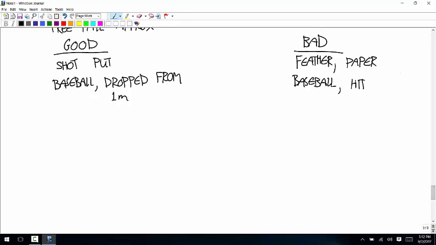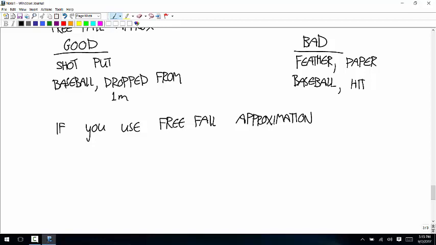Okay. If you use the free fall approximation, then you always know the acceleration, whether the thing's going up or down.